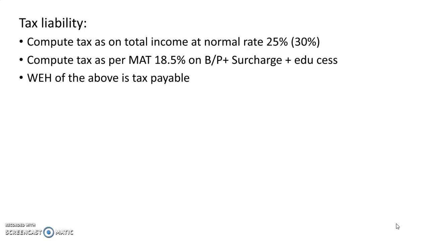The various tax rates are given: for winnings from lottery and horse race, that is 30%, long-term gain 20%, short-term gain 15%, and if any balance is left out, you calculate the rate at 25%. And as per MAT, you calculate the tax at 18.5% plus surcharge and education cess.